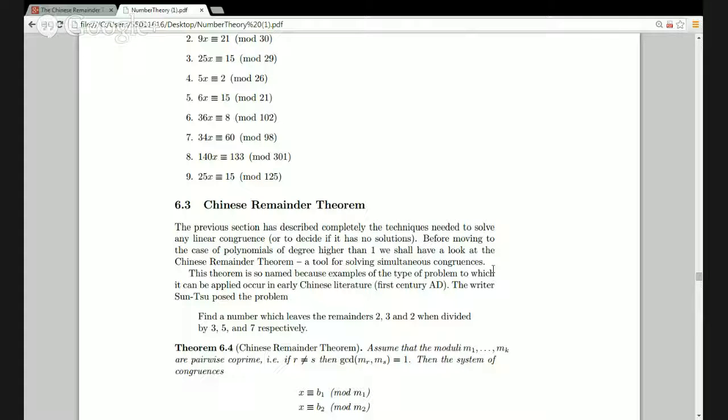And so we will find solutions to the general problem, f of x congruent to 0 modulo n, by solving, or by finding, systems or sets of solutions to f of x congruent to 0 modulo p_i to the a_i.